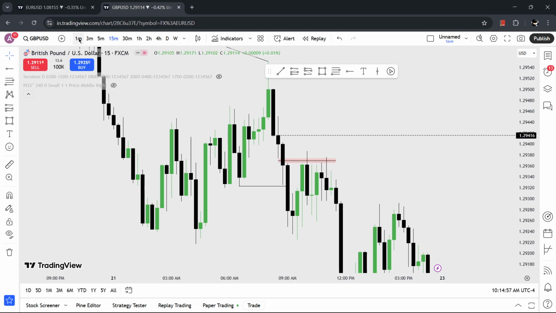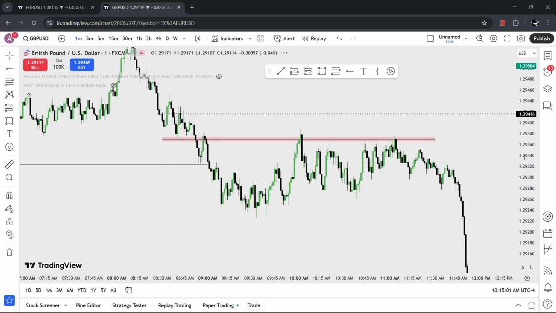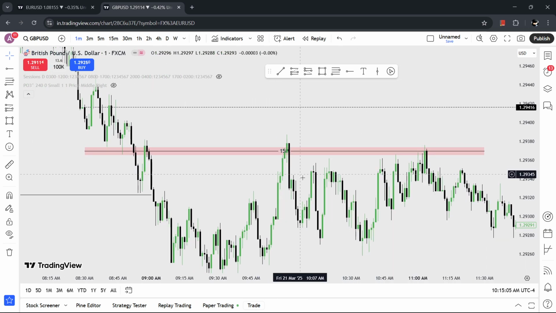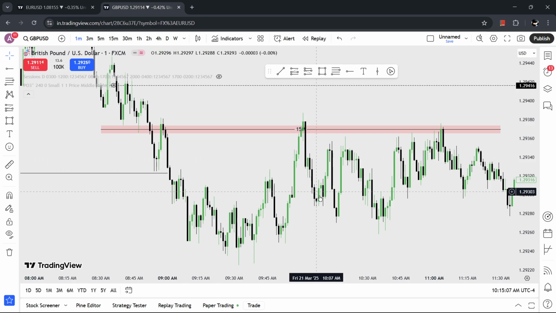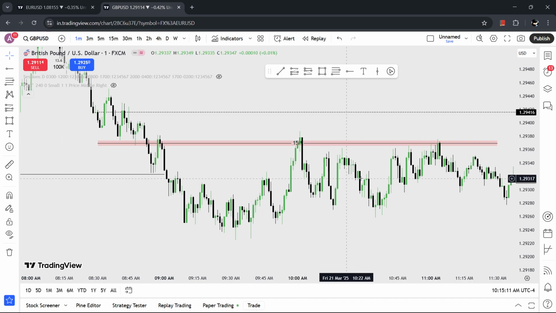Directly going to 1 minute. Okay. So if you see here, this is what I don't like about GU. If it has to break a structure, I could possibly say this has to take out.